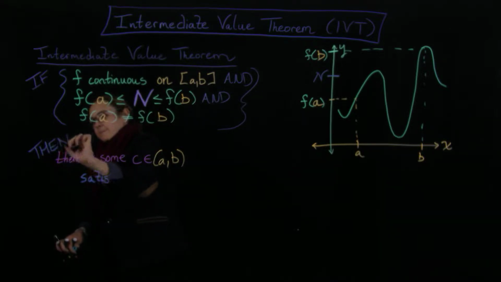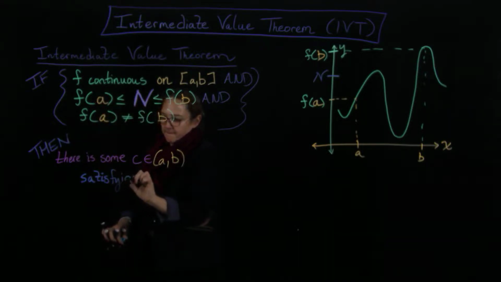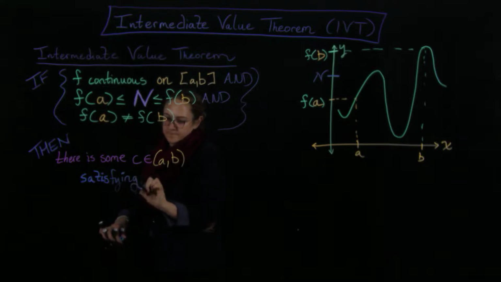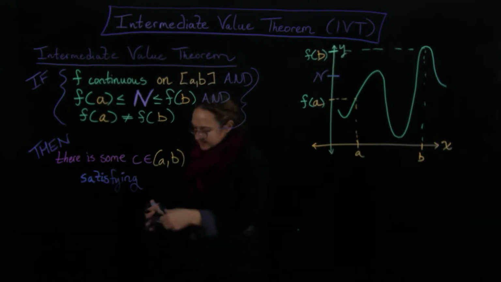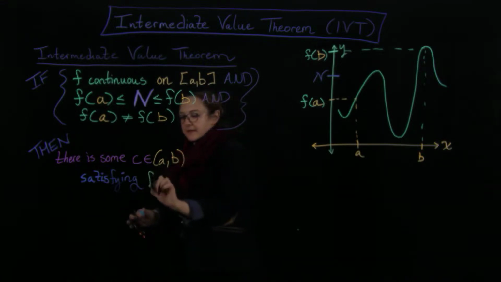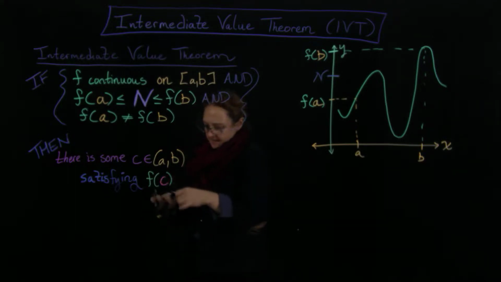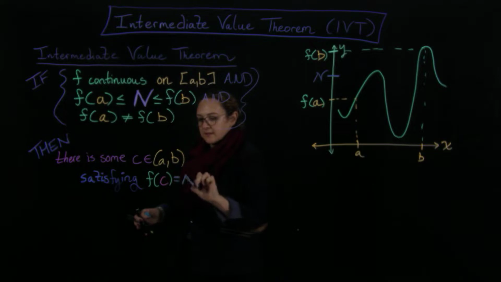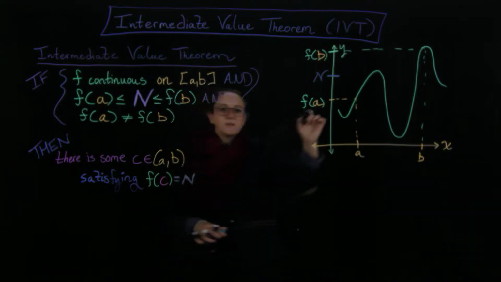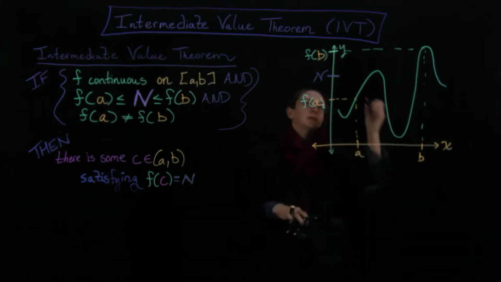Okay, satisfying that we have f of c, so f of this value c, is going to equal this value n. So that's going to equal this value n, that was between f of a and f of b. So for this value n, we're going to be able to find some c that's going to give that as the output.